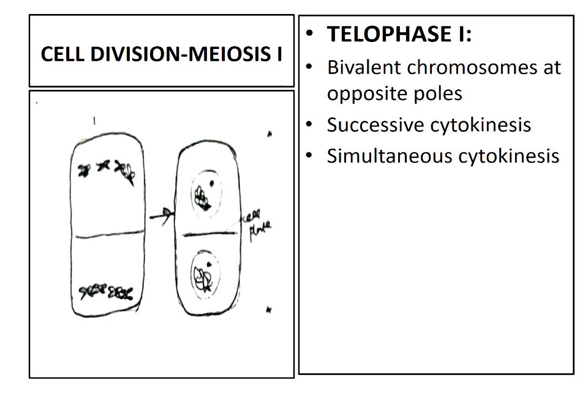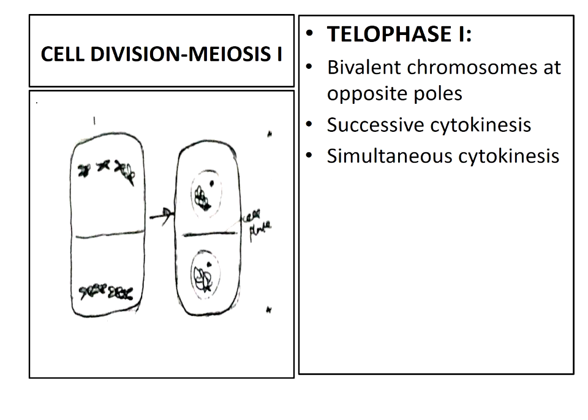When the division of the cell into two takes place immediately after telophase, the cytokinesis is called the successive type.